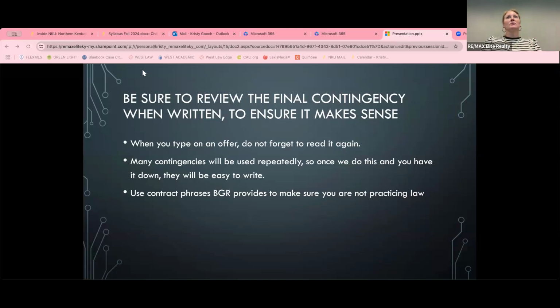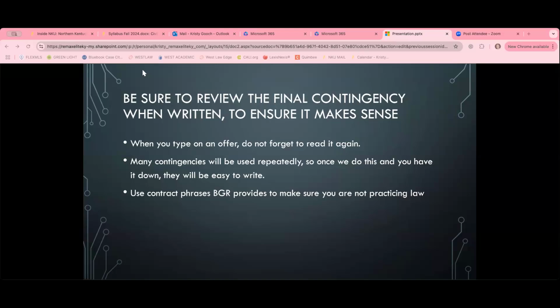And the second contingency would be the buyer to obtain Jessamine County Planning and Zoning approval to divide, record, and sell the 40-acre land into 10-acre tracts.